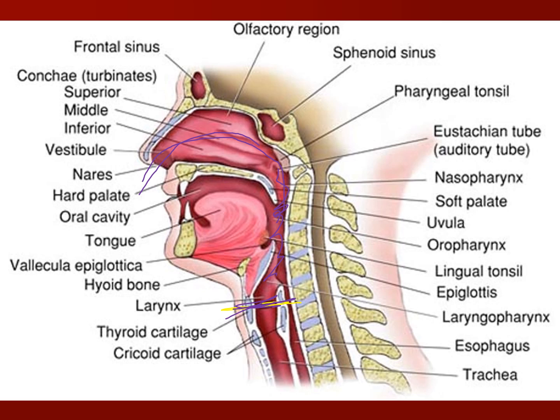You see it there where the vocal cords would be, and then anything below that would be the lower airway, because that's where the vocal cords would be. So this just sort of gives you another good side view. You can also see the frontal and the sphenoid sinuses in there, and we'll talk about the sinuses in a second, but this gives you sort of that side view of the vocal cords in relation to the larynx.